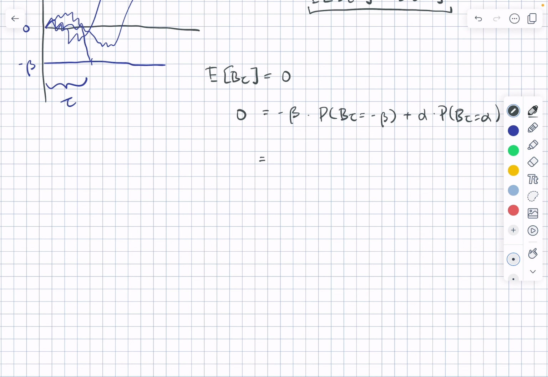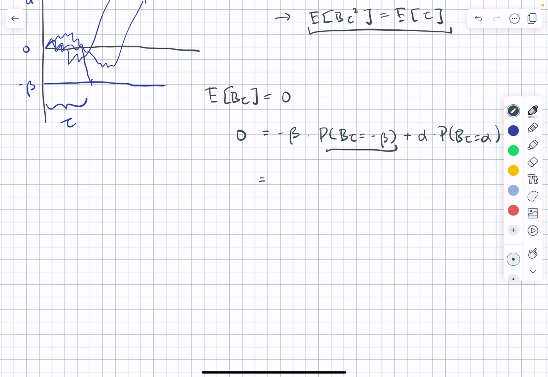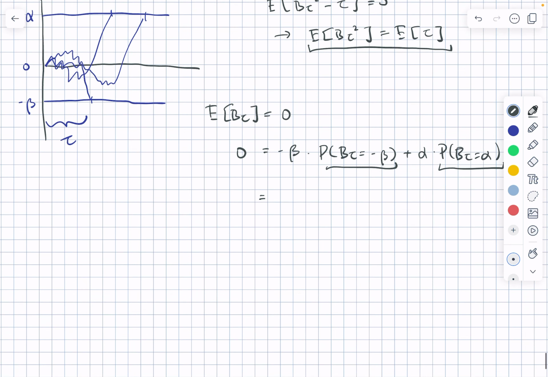We know that the probability of B_tau equaling -beta is complementary to the probability of B_tau equaling alpha, because we reach one or the other. So we can represent the probability that we reached -beta as 1 minus the probability we reached alpha. That gives -beta times (1 minus the probability we reached alpha) plus alpha times the probability we reached alpha.